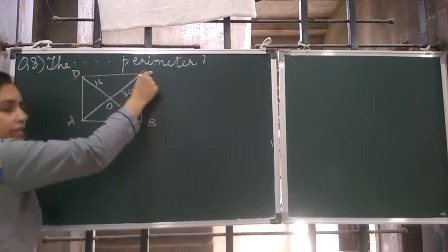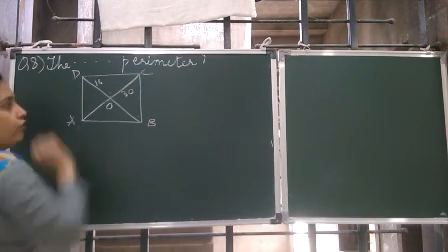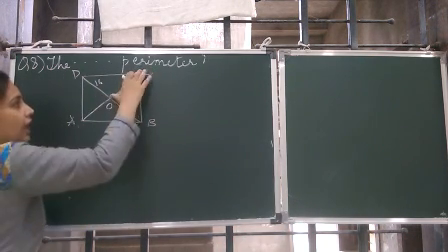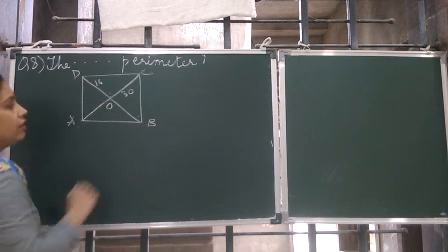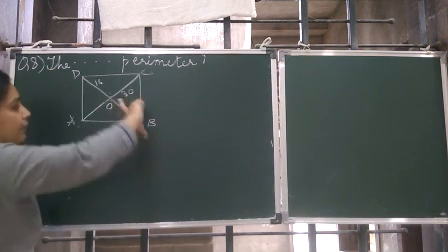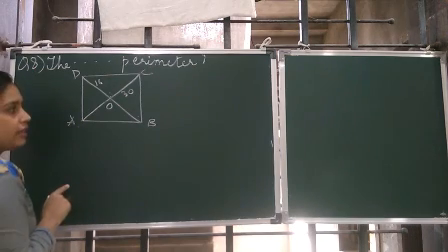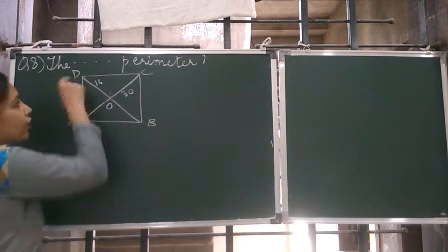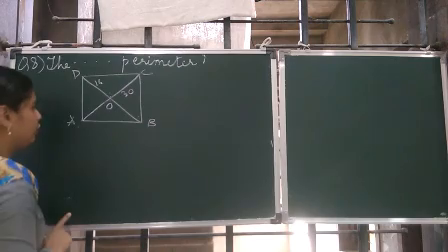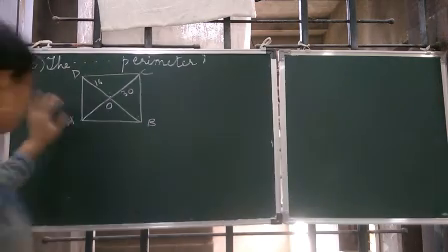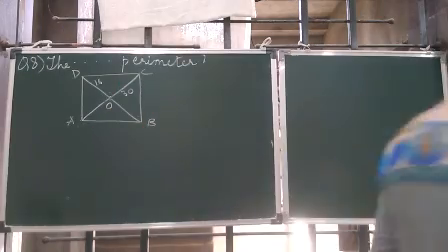So if AC is 30 centimeter, AO will be 15 and OC will be 15. Similarly, if BD is 16, then OB will be half of 16, that is 8, and OD will also be 8. This is the property of a rhombus.